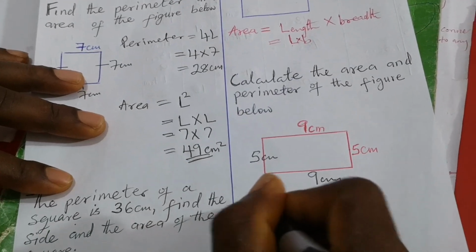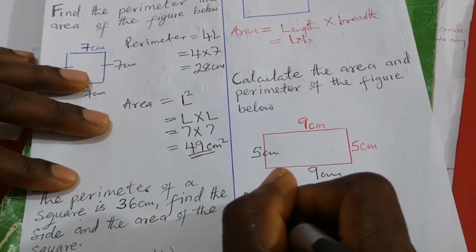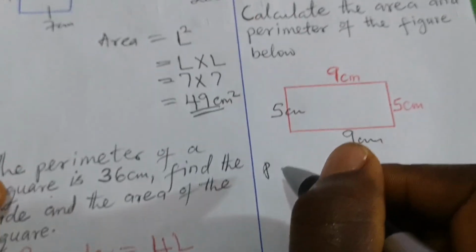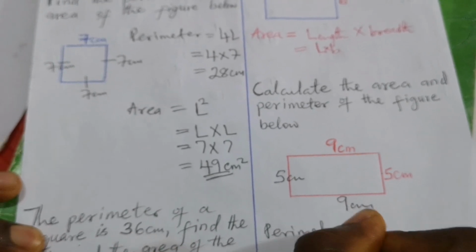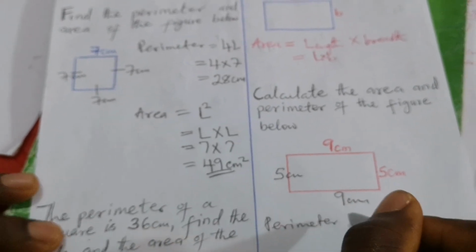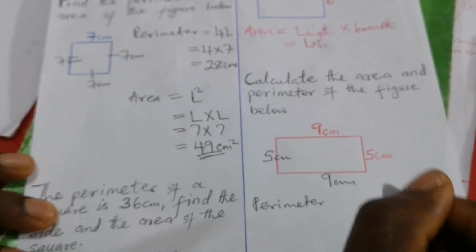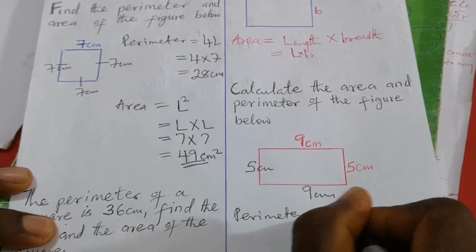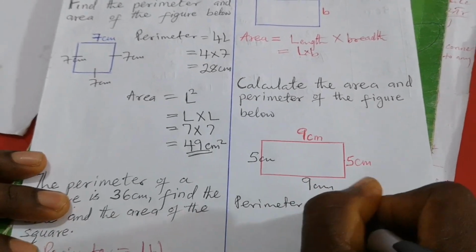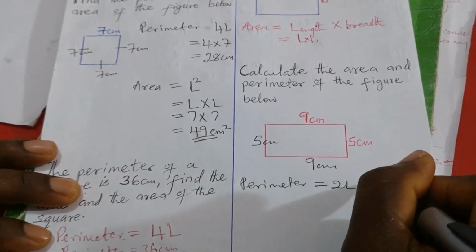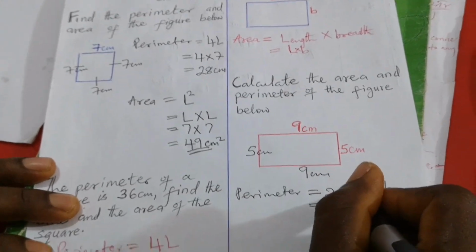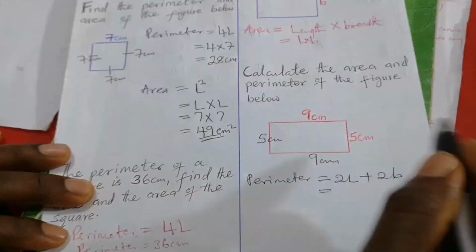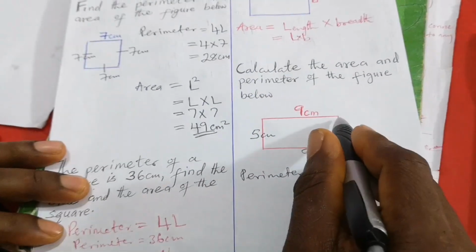Now for us to calculate the perimeter of a rectangle, we need to write the formula, and the formula is 2L plus 2B. The L is the length and the B is the breadth.